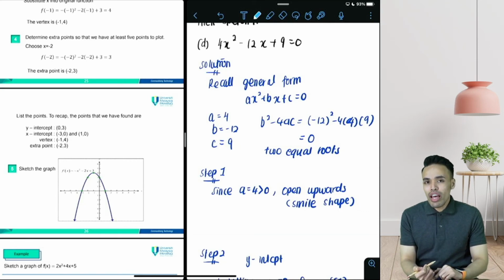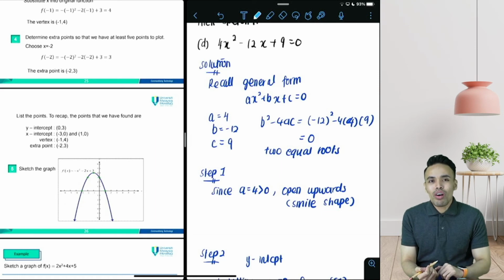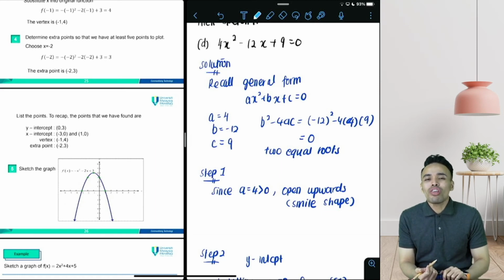Right after that, remember the question also asks you to sketch the graph of the quadratic equation. There are several steps you need to follow. The first one: since a is equal to 4, which is larger than 0, you will have an open upwards, smile-shaped graph.